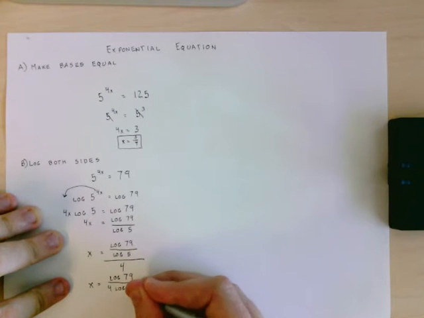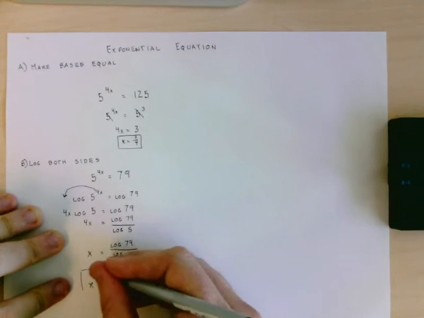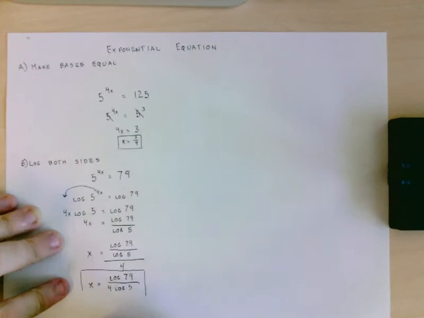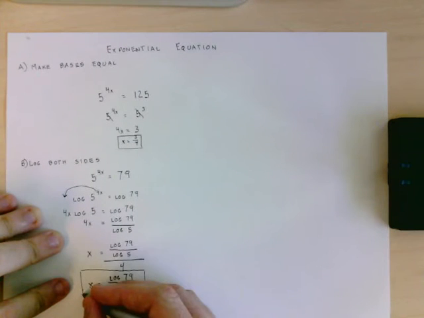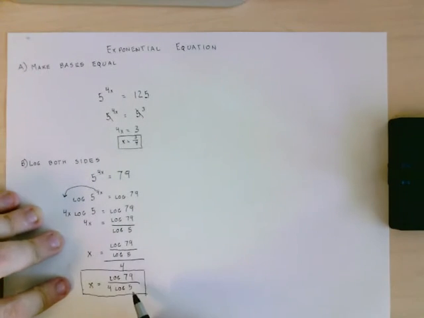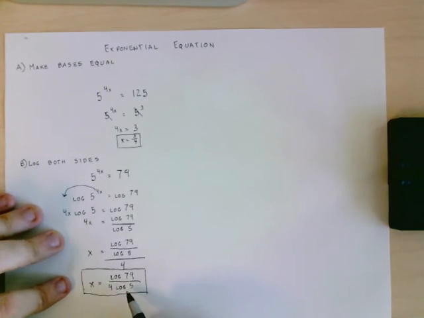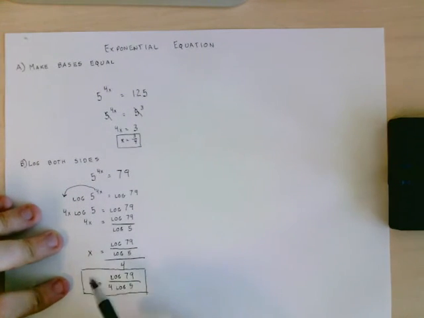Now, without using a calculator, I don't know what power you put on 10 to get 79 or what power you put on 10 to get 5. If you have a calculator, you can come up with an estimation of what this is, but that actually is the exact answer.